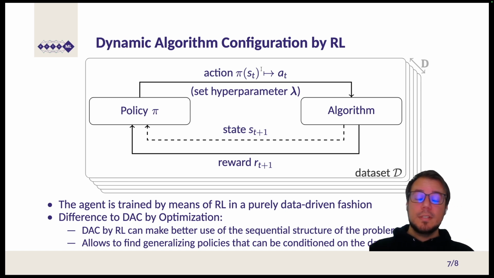And this also allows you to find generalizing policies by conditioning on the data set, right? So we take into account that we have multiple data sets that we want to learn from, and conditioning on the data set means we also observe some features of the data set so that we can learn more general policies.